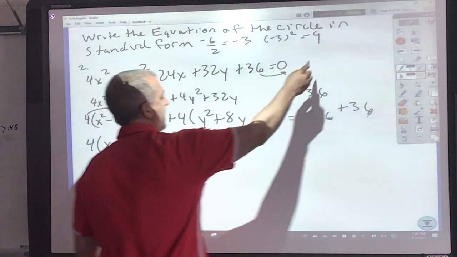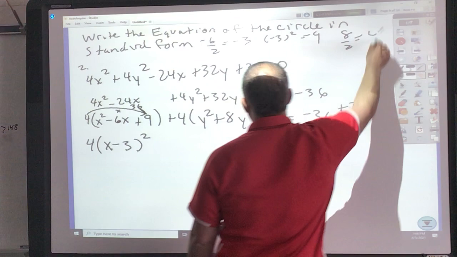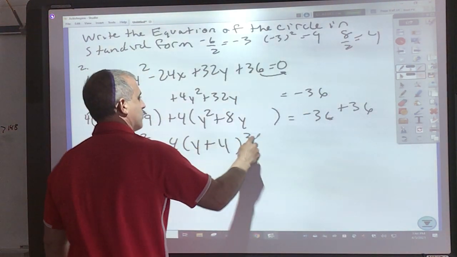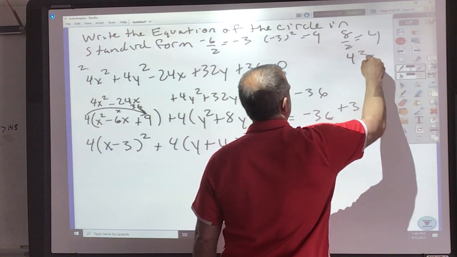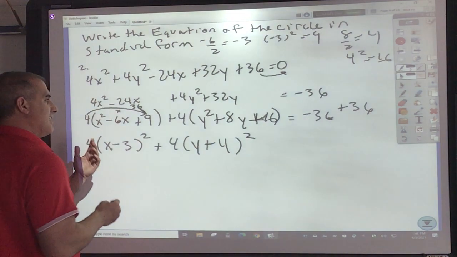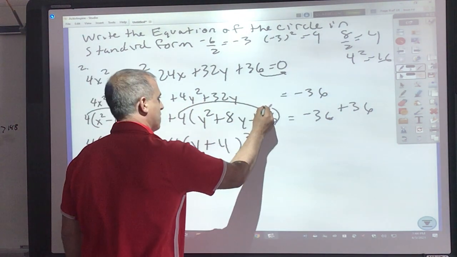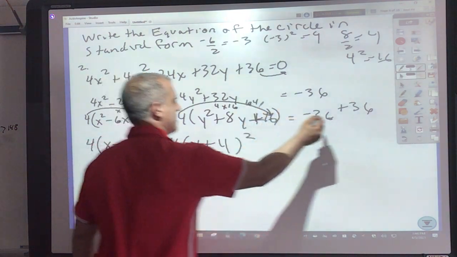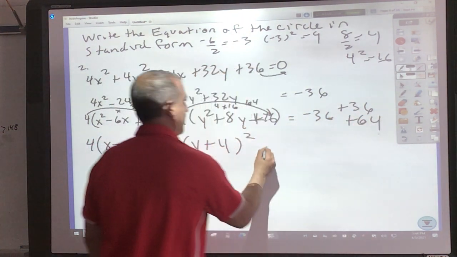Then I would take 8, divide 8 by 2, I get 4. So that's going to be y plus 4 squared. And I'm going to take that 4 and square it, which gives me 16. Now this is where I need to be careful. I take 4 times 16, which is 64. So that is what I would add over to the other side.